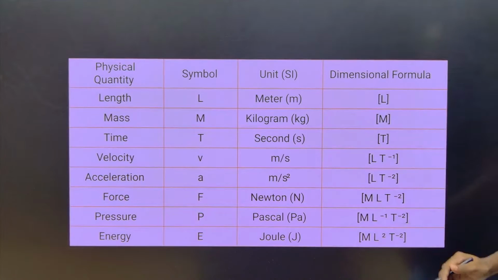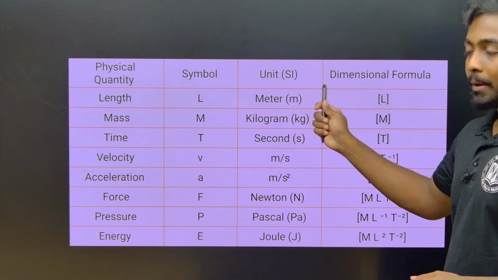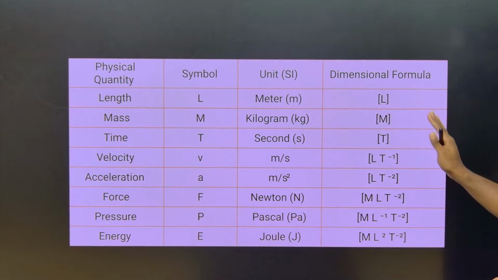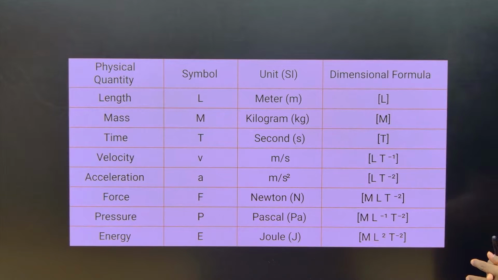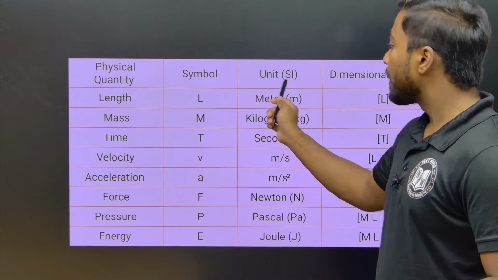Yeah. So length symbol is L, unit is meter, so the dimensional formula is L. Mass is M, SI unit is kg. So there is a difference between symbol and SI unit. Don't confuse between these.